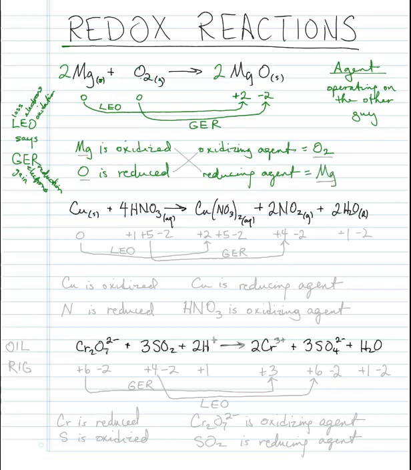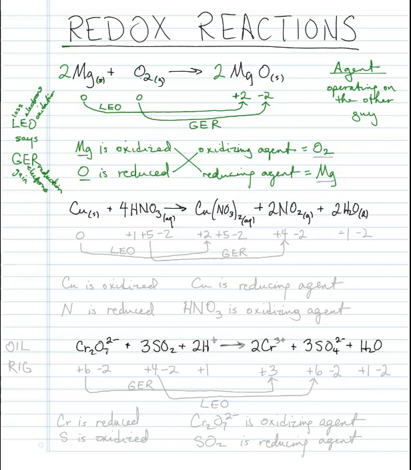So you'll see that because we're talking about what they're doing to the other guy, it's opposite of oxidized and reduced. Magnesium is oxidized, but magnesium is the reducing agent. Oxygen is reduced, but oxygen is the oxidizing agent. One of the interesting things about this is that when we talk about being oxidized and reduced, we just put the element, magnesium, oxygen.